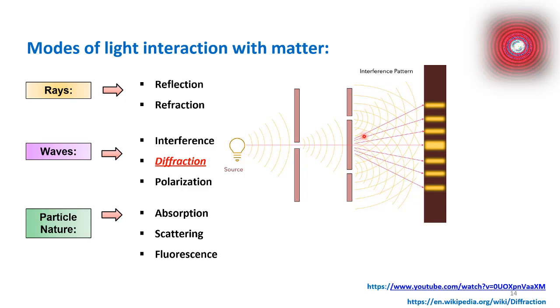Where these two rings are coinciding, we are getting an interference pattern. Likewise we get constructive interference, then destructive, then constructive, then destructive. Likewise we are able to see this kind of structure or pattern. So this is called the Airy pattern.